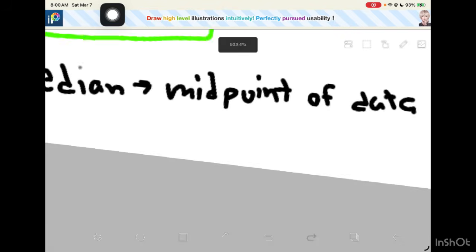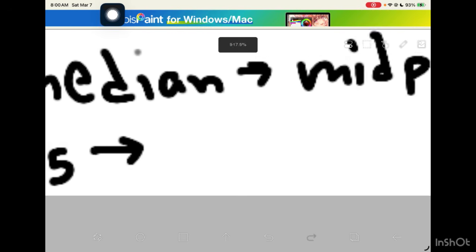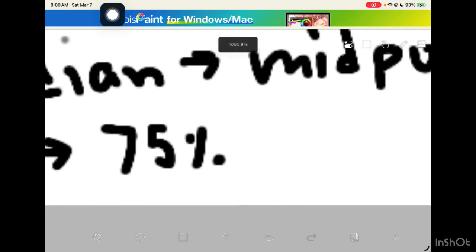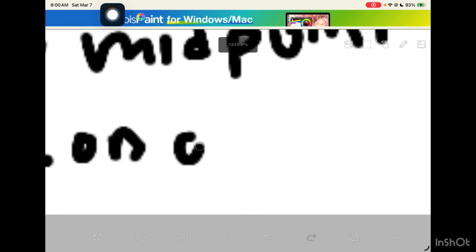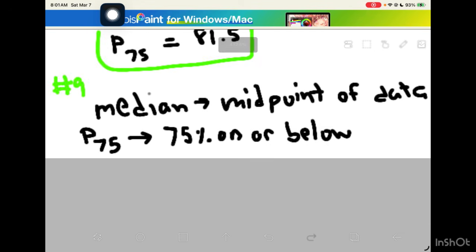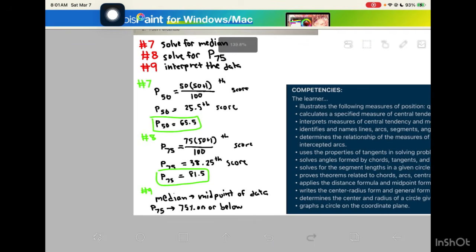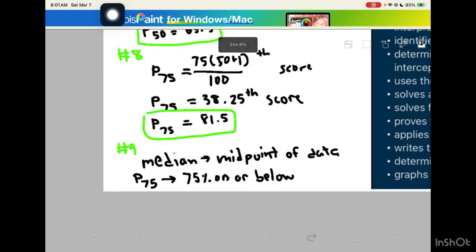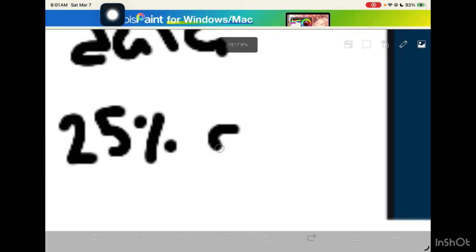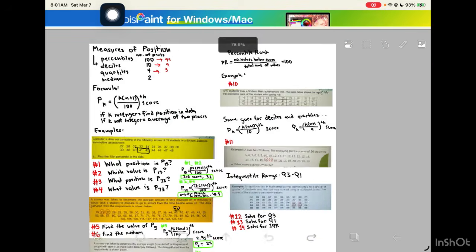And P of 75 means 75% on or below. So 75% on or below, it refers to like 75% of the data is either on this specific one or below it. 25% of it is above. Okay, that's basically it.